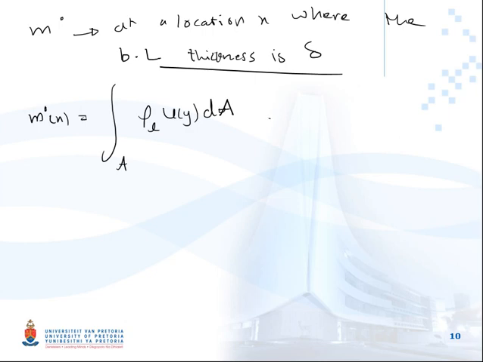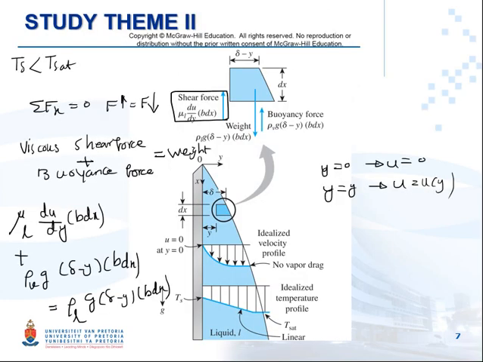So y from 0 to delta, because it's the thickness, rho L u b dy. You just put y here because of the dy.